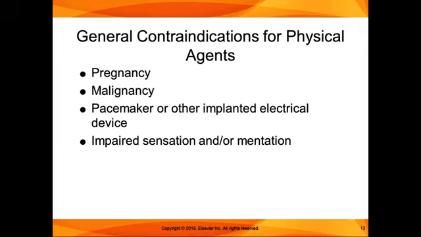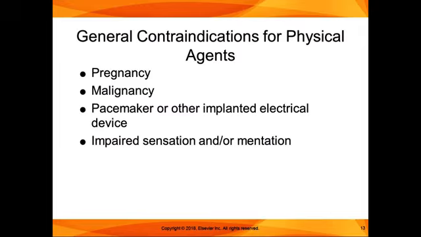Impaired sensation or mentation are contraindications or precautions because the patient has a limited ability to report the effect of the agent. So it might just be that they can't feel it if they have impaired sensation, so they can't tell you if it's hurting them. Or it's just not in their level of awareness if they have impaired mentation, and then that is dangerous for them as well.